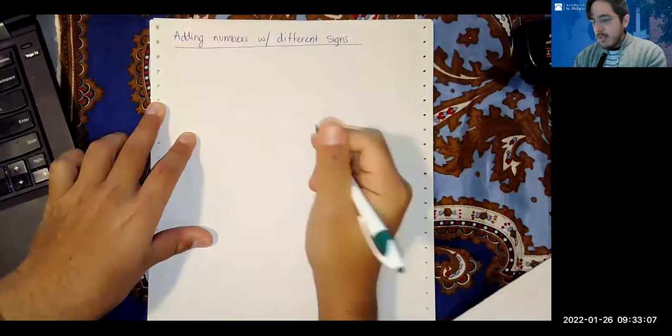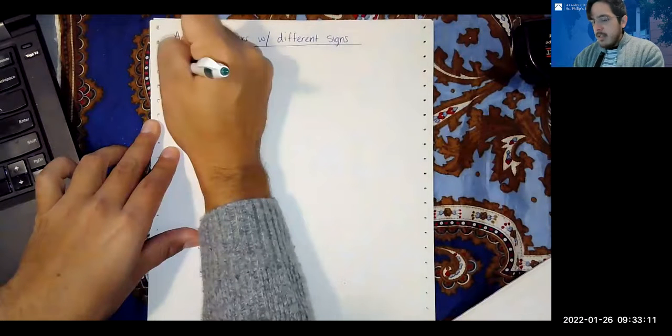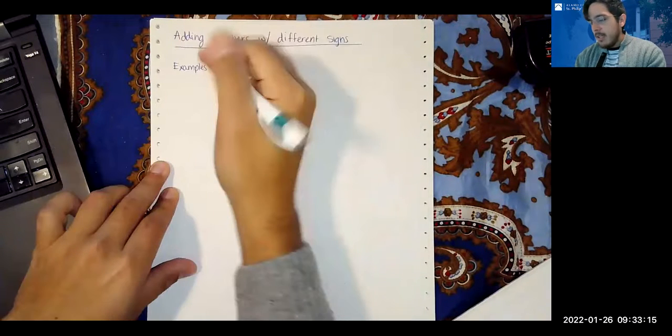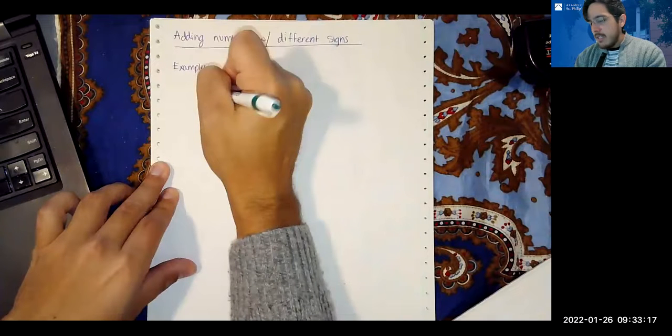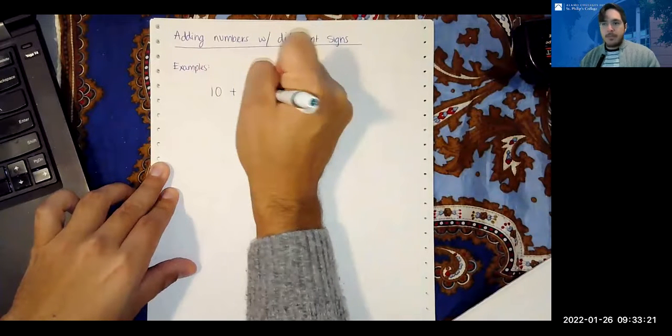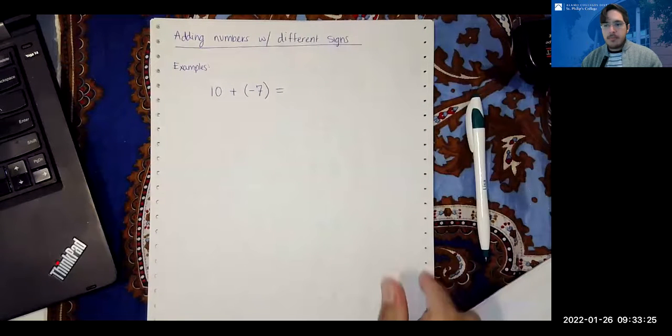Okay, so let's look at some examples. If I had the number, let's say 10 plus -7, does anybody know what the result should be? -3. No, +3. Yeah, +3. I'm sorry.